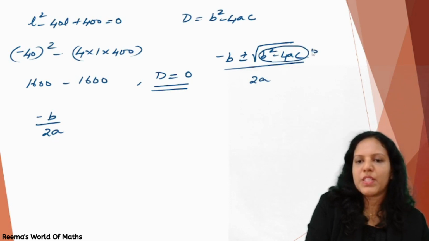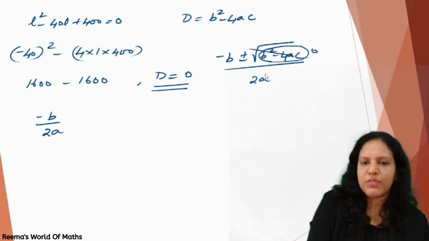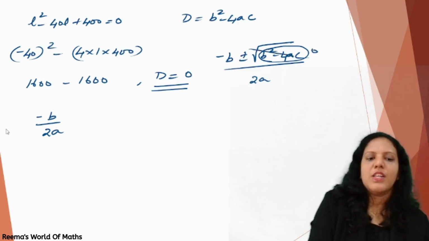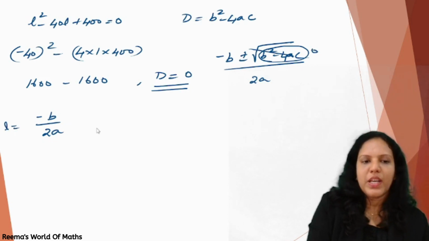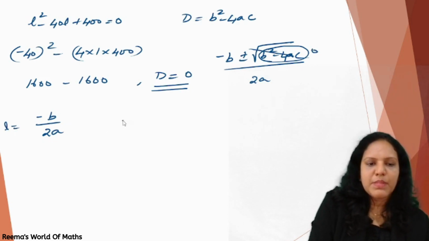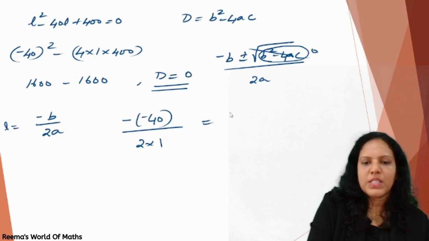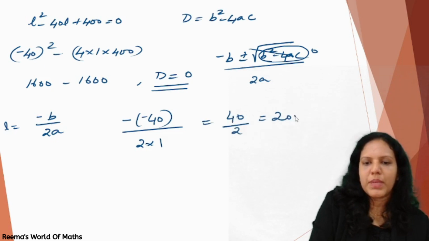So this part will be 0, so we can avoid this. Then what is left is only minus b by 2a. So the value of length L will be equal to minus b by 2a, which is minus of minus 40 divided by 2 times 1, which is 40 divided by 2 equals to 20 meters.